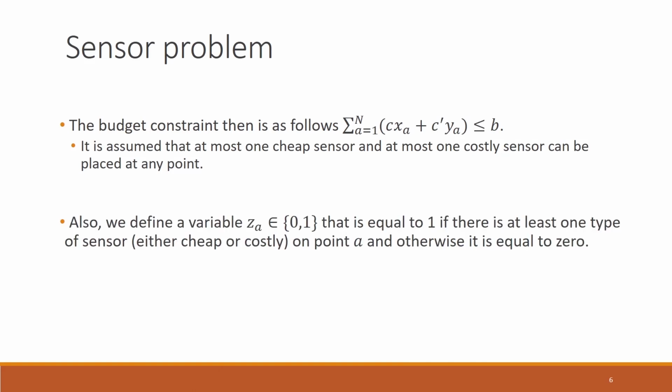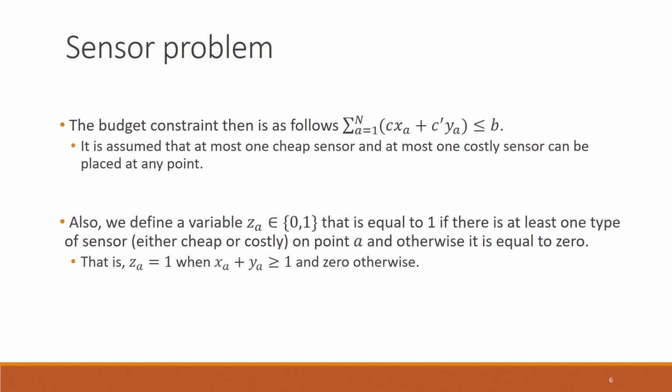Now, let us define another binary variable Za, and this will be equal to 1 if there is at least one type of sensor, either cheap or costly, on point a, and 0 otherwise. So, mathematically, Za is equal to 1 when Xa plus Ya is greater than or equal to 1 and 0 otherwise.